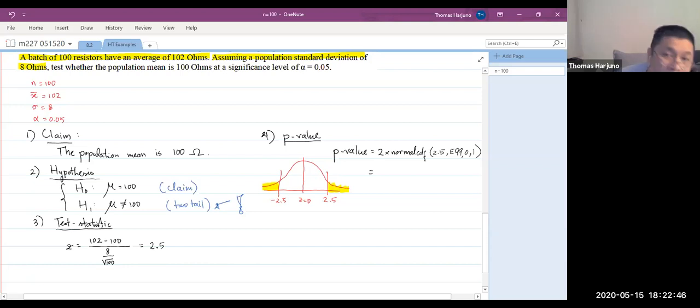Don't forget to multiply by 2 after that. I get 2 times 0.00621, which is 0.01242, because this is a two-tailed test.